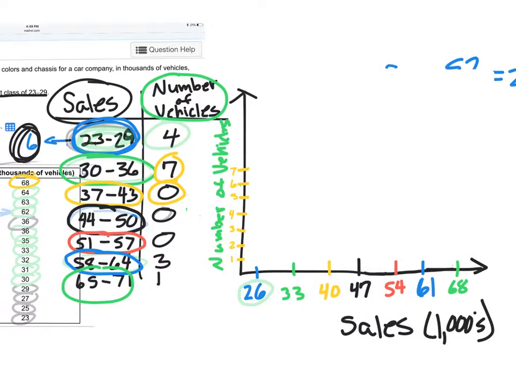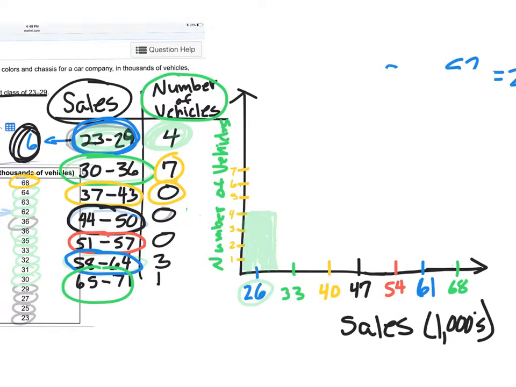So my bar is going to look, again, I'm a really bad drawer, guys, sorry. It's going to look a little something like this. The midpoint-ish, and I'm a little bit off here, of the bar is above the 26, and it has a height of 4 to represent the fact that 4 vehicles fell within the 23 to 29 interval.